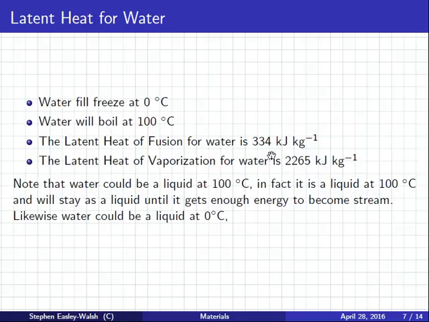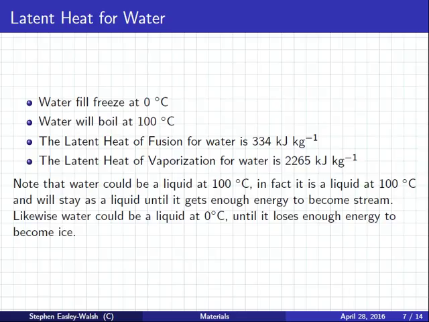Likewise, water could be at 0 Celsius until it loses enough energy to become ice. So what's interesting about 0 and 100 is that at 0, it's possible for it to be ice or water, and at 100 it's possible to be water or steam. So these temperatures kind of overlap.